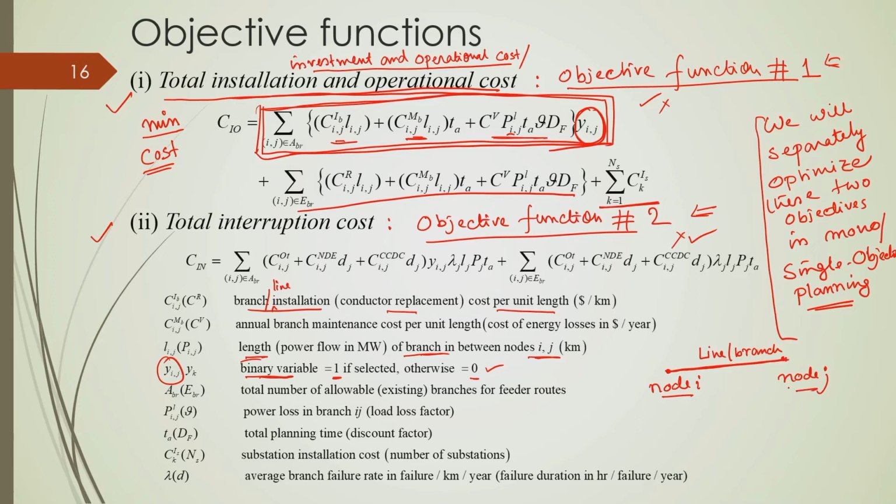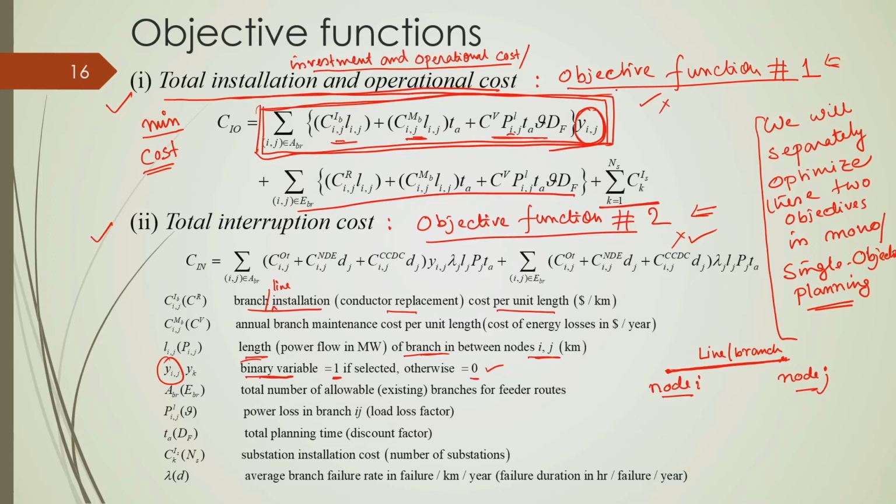That is something one needs to understand very clearly. So, if I construct a line between node i and node j, the cost of constructing this line is what attributes to this first cost component.